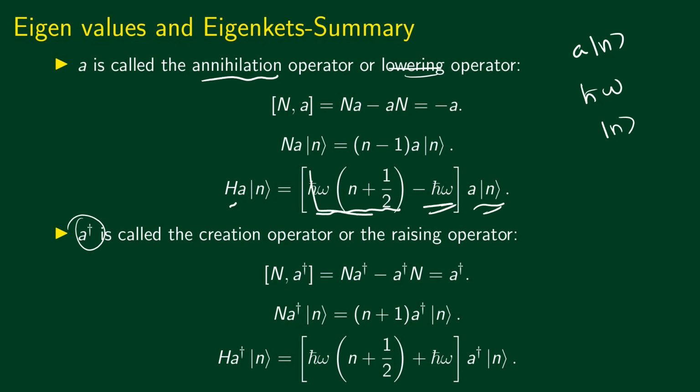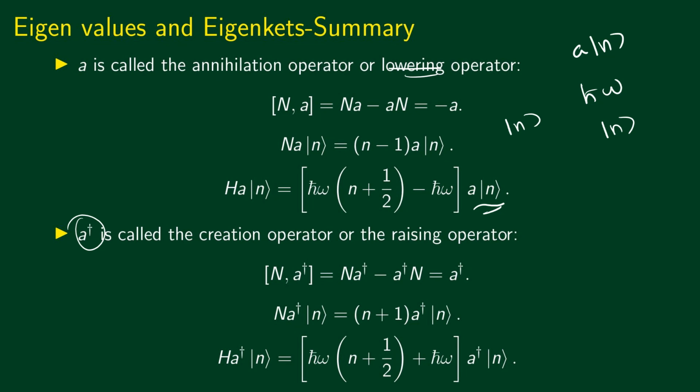So the eigenvalue corresponding to the state a ket n is the eigenvalue corresponding to the state ket n minus a unit of energy. The operator a lowers the energy of the state denoted by ket n. This is the reason why it's called the annihilation operator or the lowering operator.